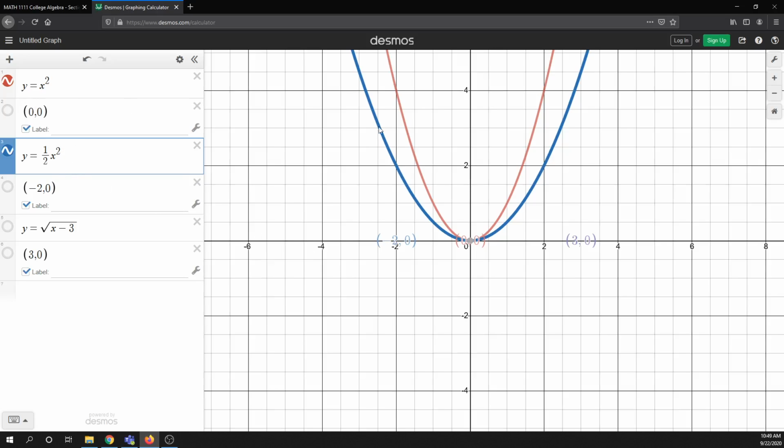So y equals x squared is the red graph right here, and then we multiplied that by a half. That's that transformation, where we multiply the function by some number. In this case, the number is in between 0 and 1, so you can see it shrank the graph a little bit. The points that were on the red graph are now lower down, so it smushed it a little bit.